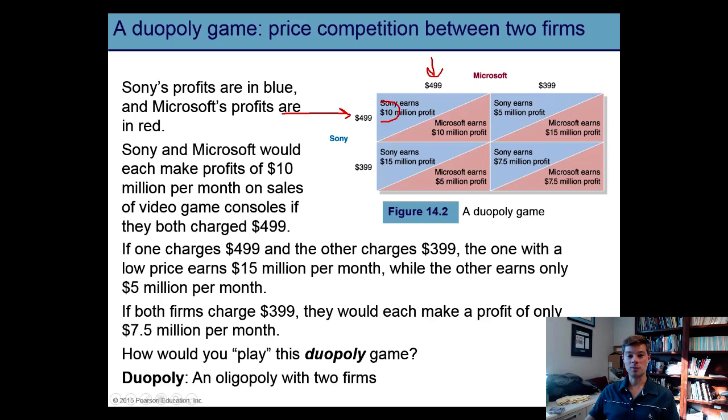Sony's profits will be $10 million in blue, and Microsoft's profits will be $10 million in red. We determine profits after Sony picks a row and Microsoft picks a column. This is to say, we determine profits after Sony picks a price and Microsoft picks a price. This is an industry with two firms, so it's a particular type of oligopoly called a duopoly.